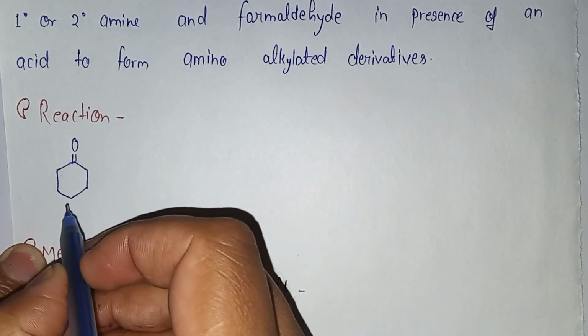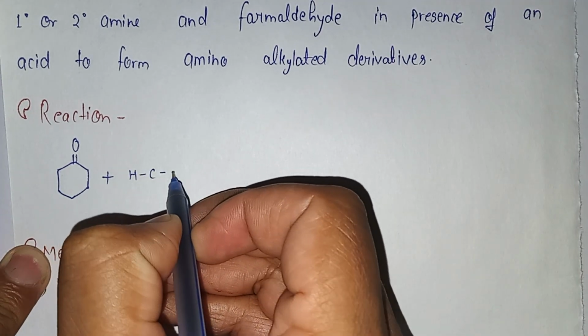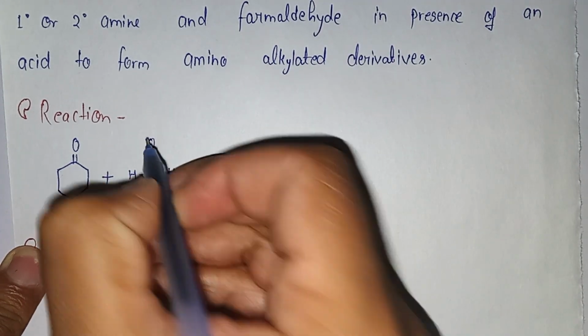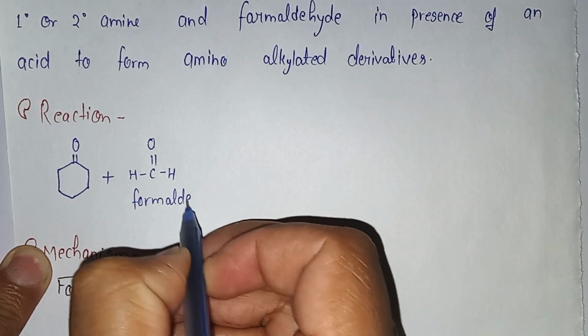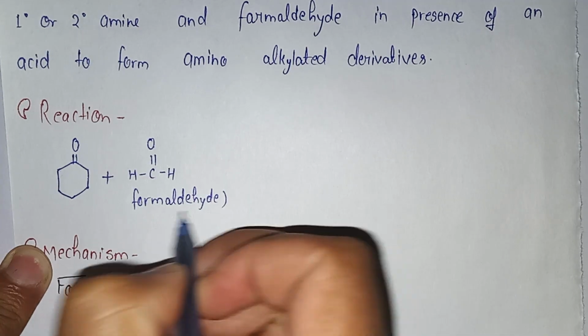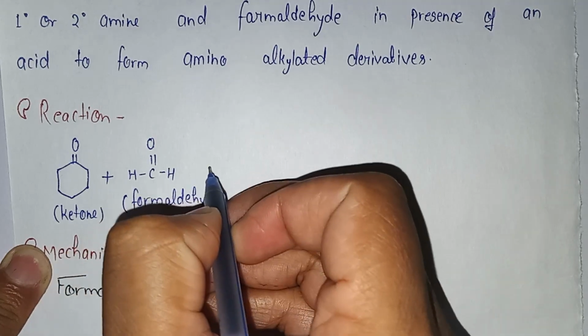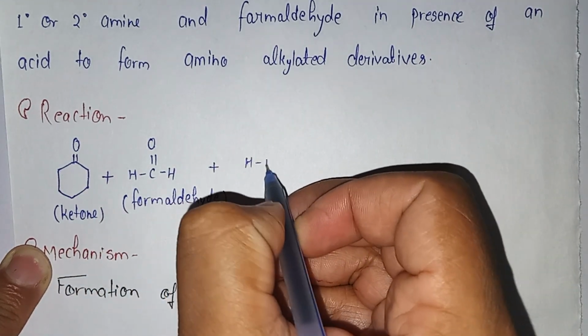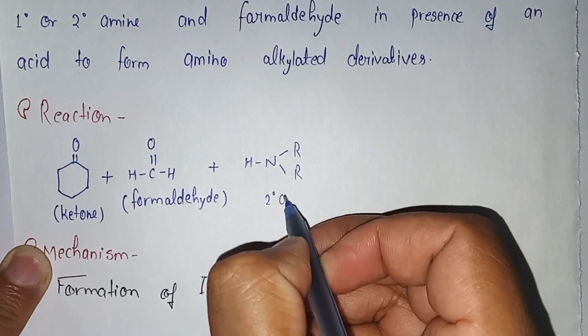So this is hexanone, and the second compound is formaldehyde, plus a secondary amine. This is the secondary amine.